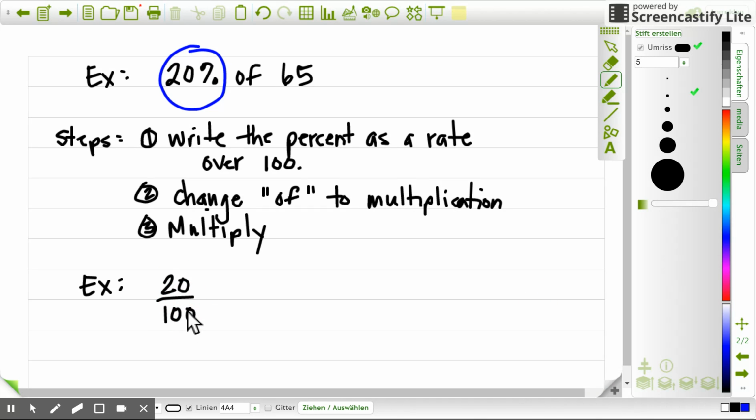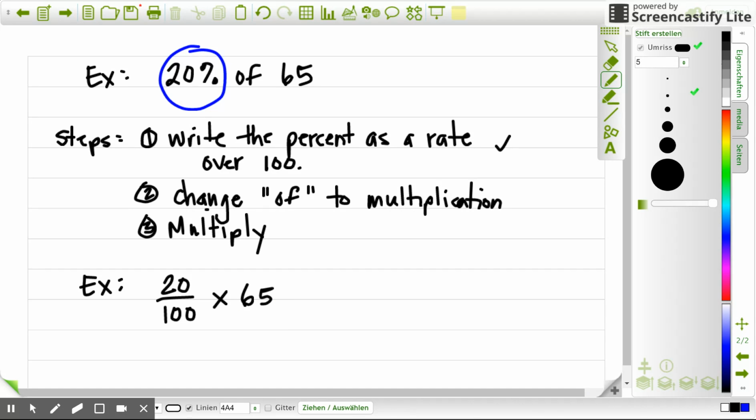And then I'm going to go on to my second step, because I've done step one. Change the word of to a multiplication sign. I'm just going to use X. Okay, so I'm going to multiply that by the quantity in my example, which is 65.